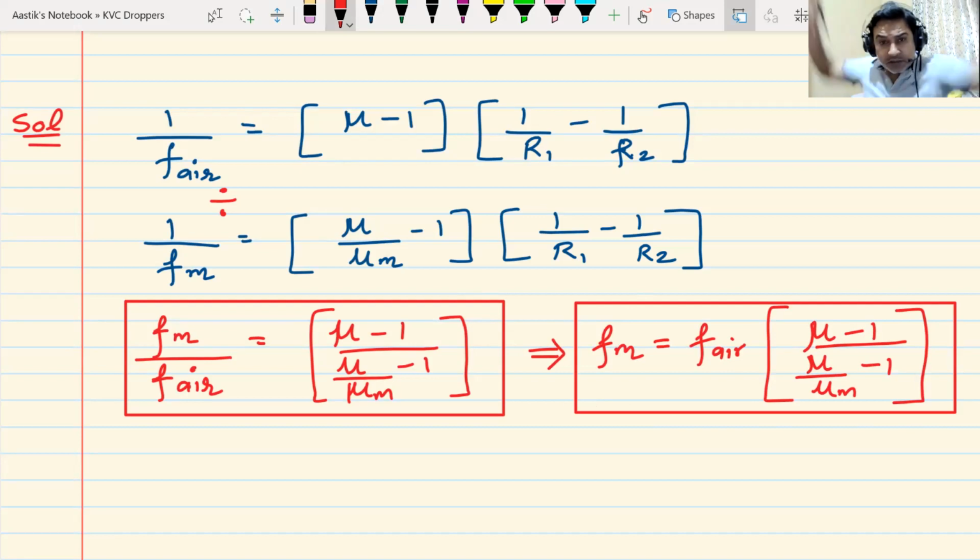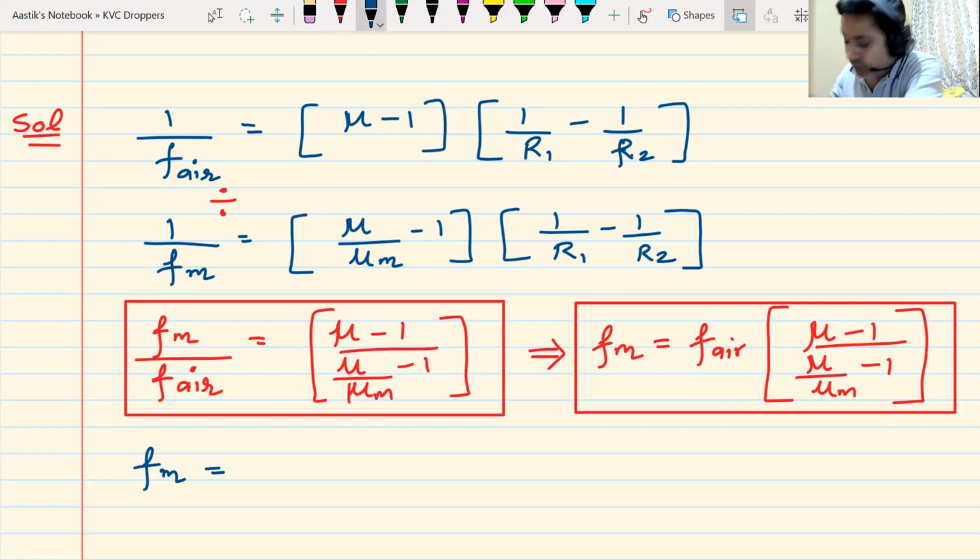Yes, sir. Now we come to the final step and write the values for this given question. Focal length in the medium will be equal to focal length in air. I think that is given as 2, yes or no? Yes, sir.